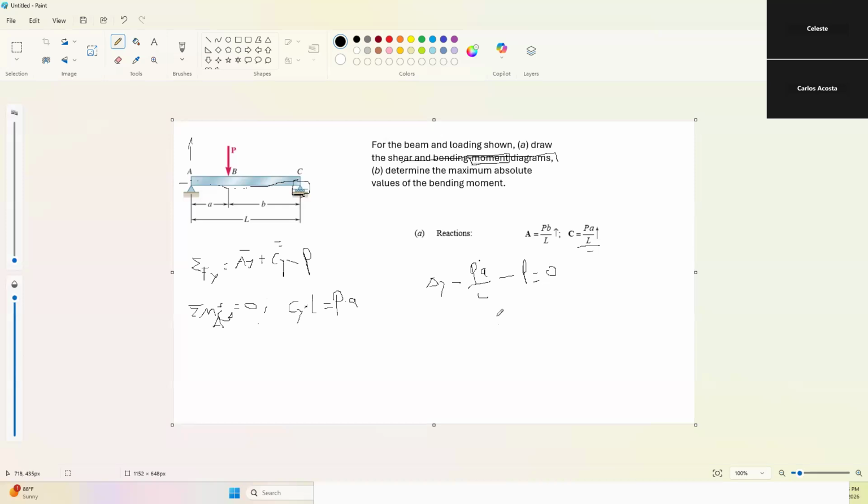Then you're going to see that Ay equals P times, both of them are positive now, Pa over L minus PL, and if you take the P out, it is L minus a, because you're taking it to the other side, over L. And L minus a is b.